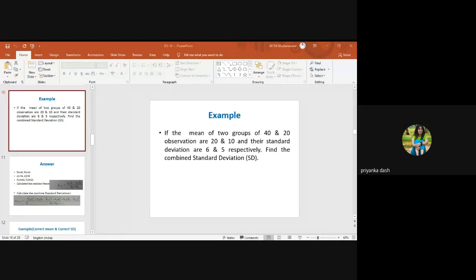Khatun, sorry. The answer is 16.66. Correct answer. Rajashree, correct. Shivani Jana, that is also the correct answer.